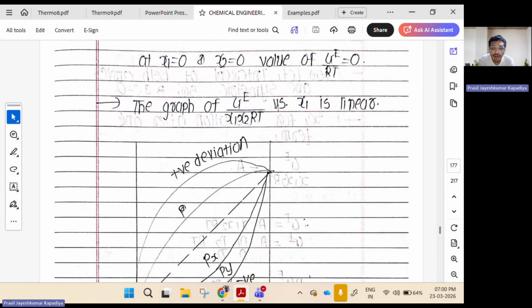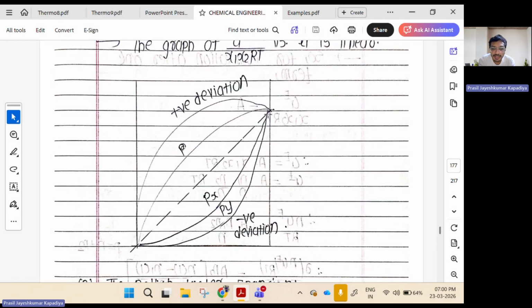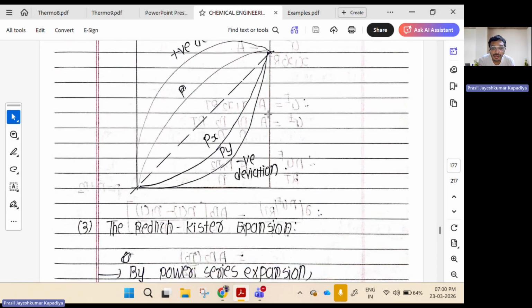But we find that GE by x1 x2 RT is a linear curve. So this is a straight line, this is positive deviation, and this is negative deviation. Okay. So how to model this?